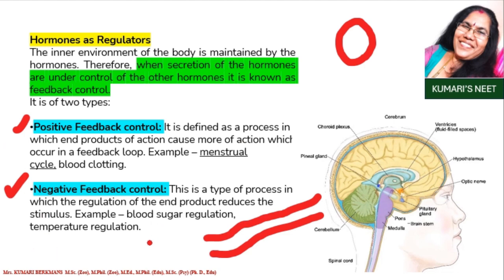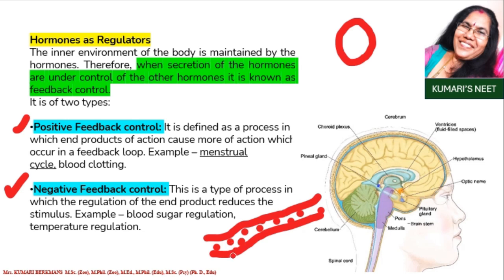Negative, in the sense, is a process in which the regulation of the end product reduces the stimulus, for example blood sugar regulation. When you eat food, the blood sugar will be more in the bloodstream. High blood sugar is not good for health, so this has to be brought down, and that is done by hormonal action.